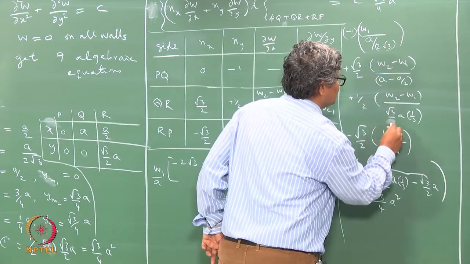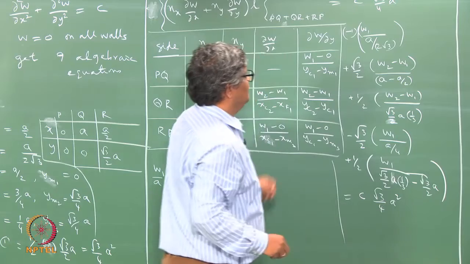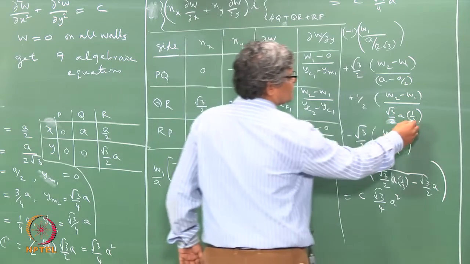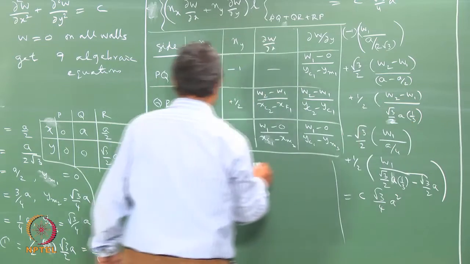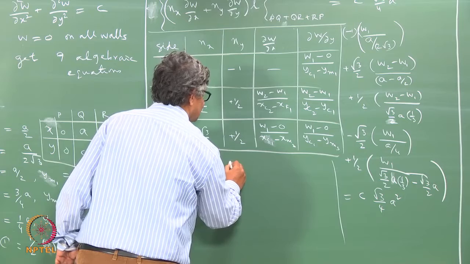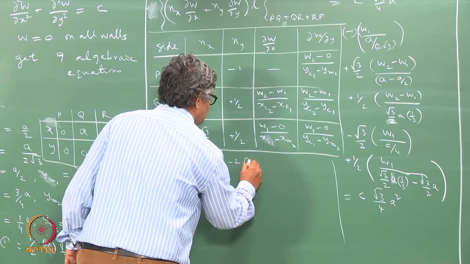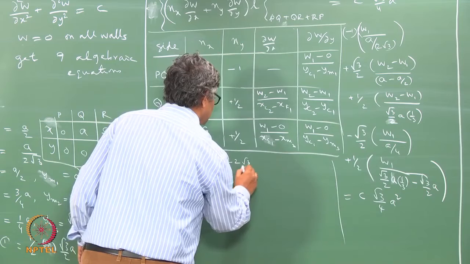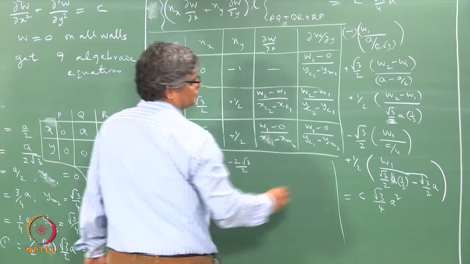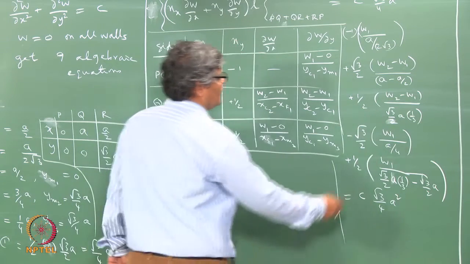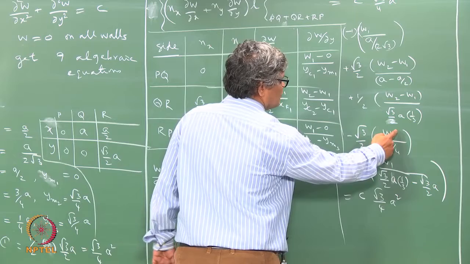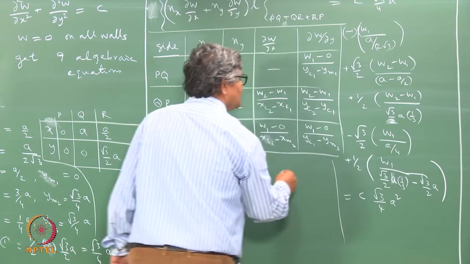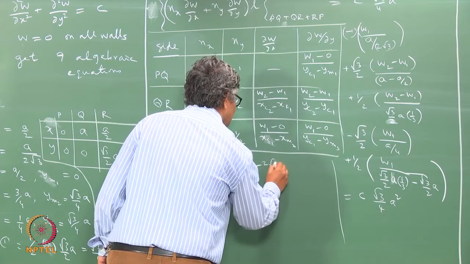There is a mistake here. So 2 square root 3 will be going in the numerator. So this is minus 2 square root 3 divided by 2 from here, and here we have 4 going here, so that becomes minus 2 square root 3.